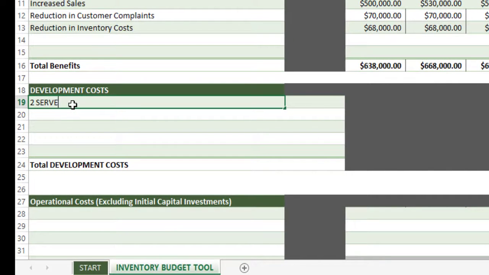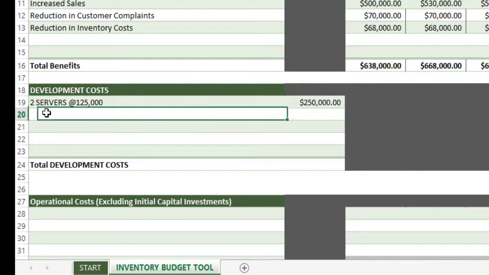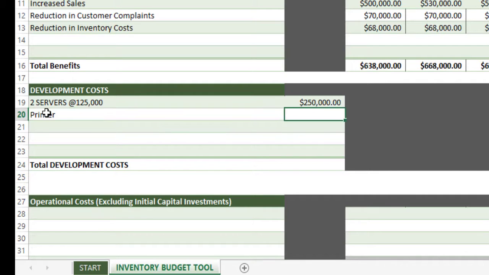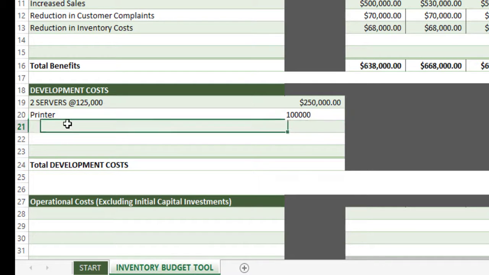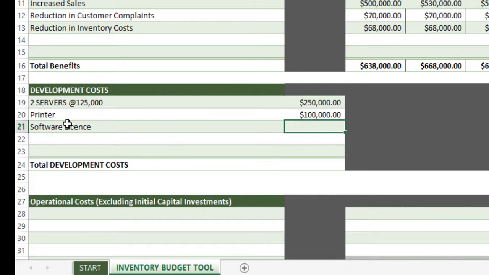The next thing we now need to populate is what we referred to as development costs. We have 2 servers, each is costing 125,000. So that gives us 250,000. There is also a printer that is needed, which is going to cost 100,000. There is also software license that is going to cost 34,825.